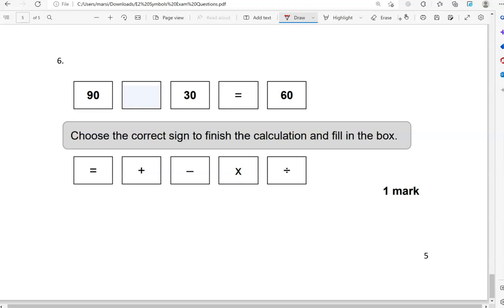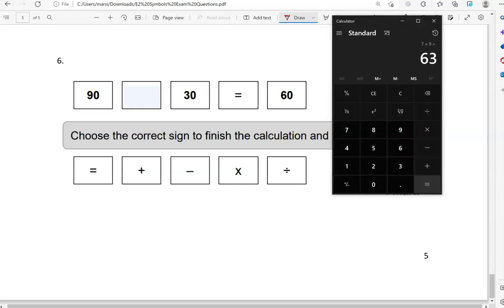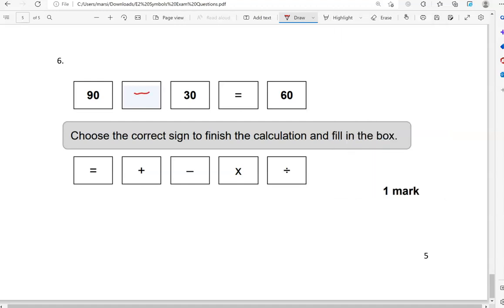No, it doesn't, because 90 add 30 is 120, so that doesn't work. What about subtraction? 90 take away 30, that gives us 60. And this is the end of the questions.